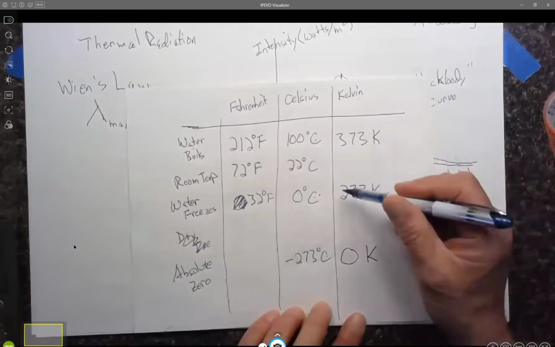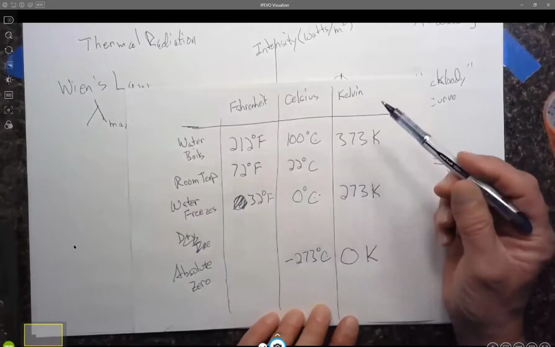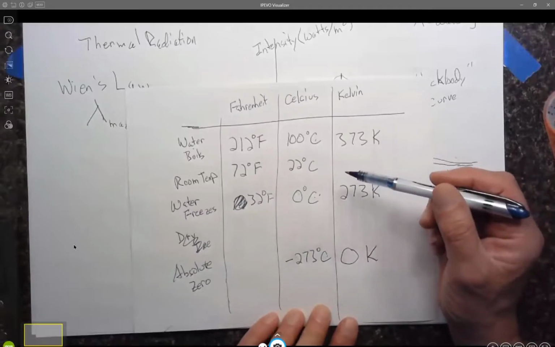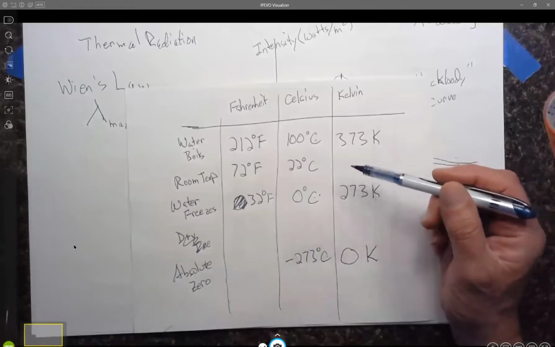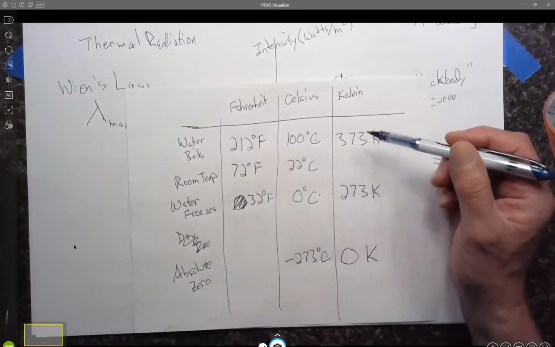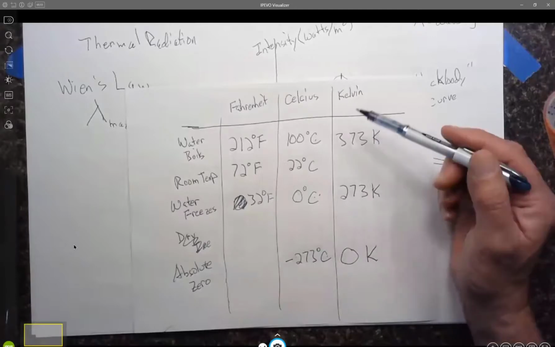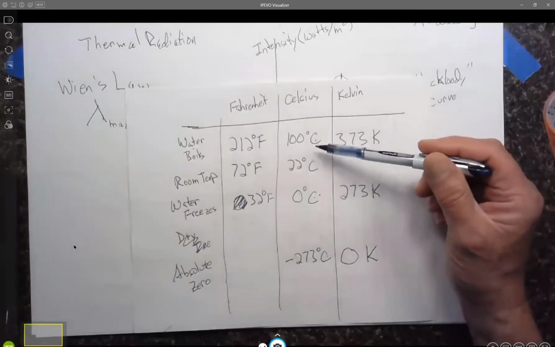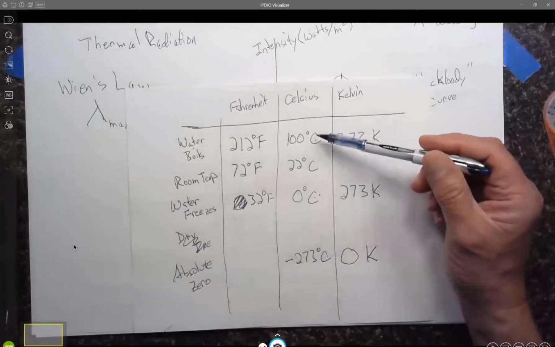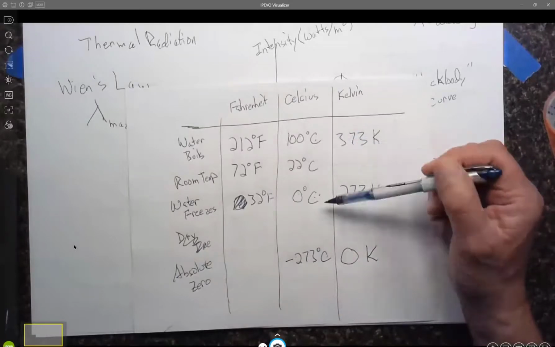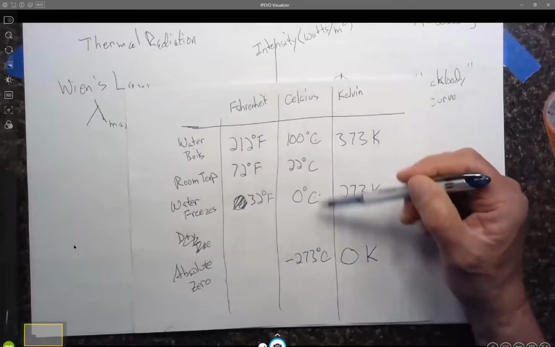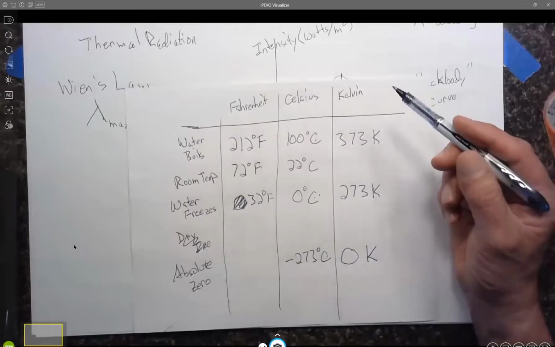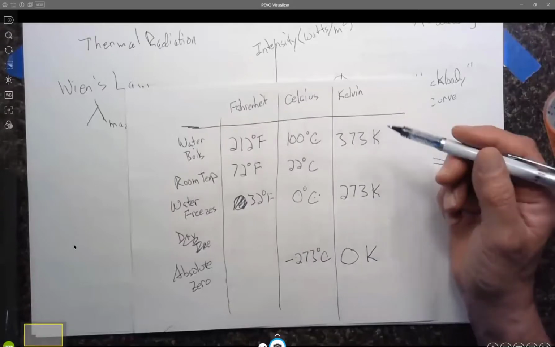Many of the things we're going to talk about the temperatures for aren't going to make a whole lot of difference. For instance, the temperature at the core of the sun is about 16 million Kelvin. Well, it's about 16 million degrees Celsius also, because a difference of 273 isn't going to make a whole lot of difference on 16 million, especially when we're only going after approximate temperatures.